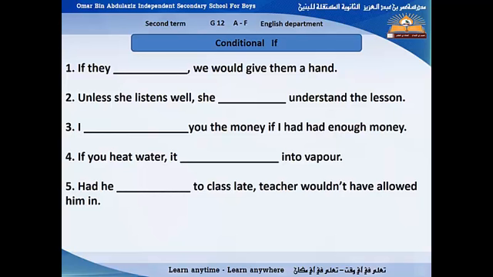Before we start this exercise, I would like to revise the mind map that you had before. We agreed that we have three cases of if. The first case: present simple, then future. The second case: past simple, then would or should or might, plus the infinitive.